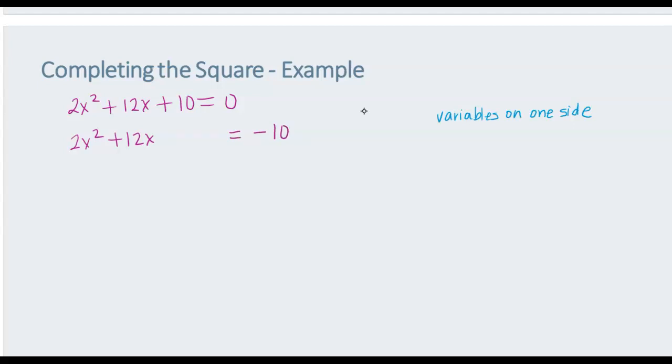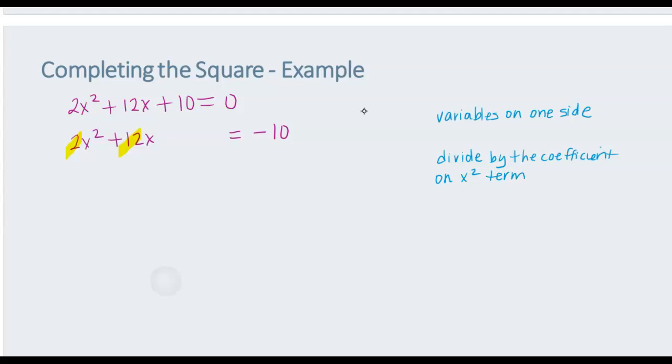The next thing that I want to do is remove any coefficient that's in front of the x squared. So there's a 2 sitting here, but I'm going to factor it out of both of the x terms. So we're going to divide both of those terms by the coefficient that's in front of the x squared term.